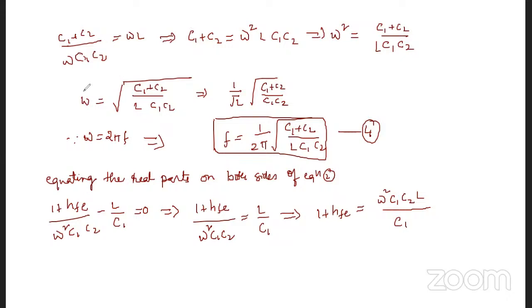Okay, I'll round it down so that it is easy to see. So we have this omega square L C1 C2 equal to this one. So this value here we'll substitute.